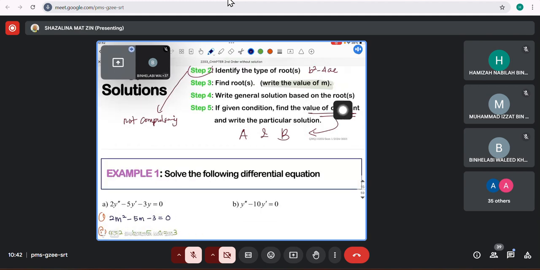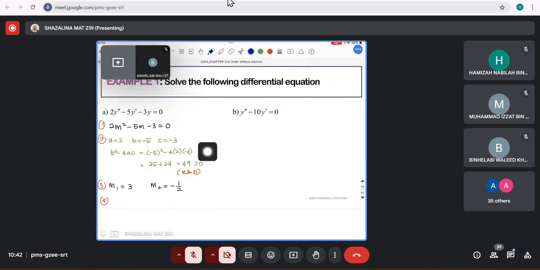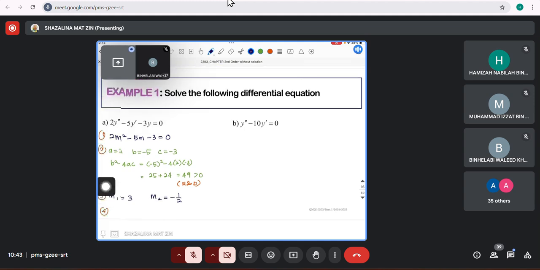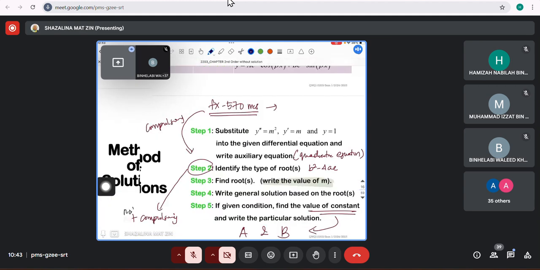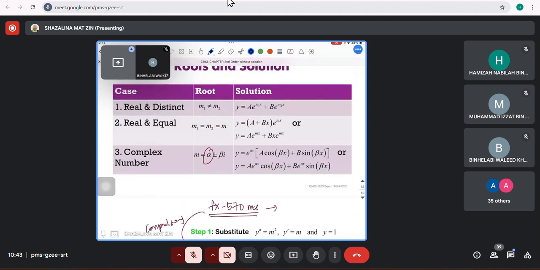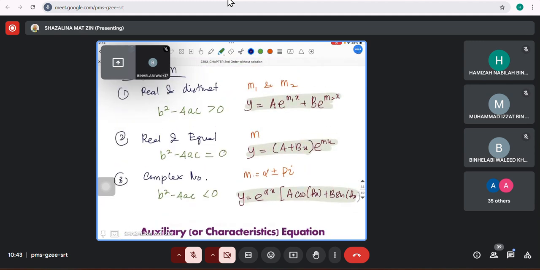Write general solution based on the root. Okay, in this case, our root is M1 and M2. So according to the solution just now, this is the solution, sama macam atas ni. This one.